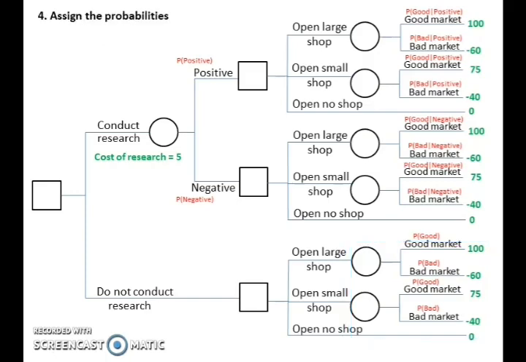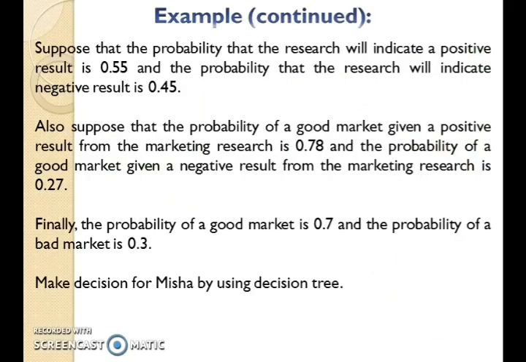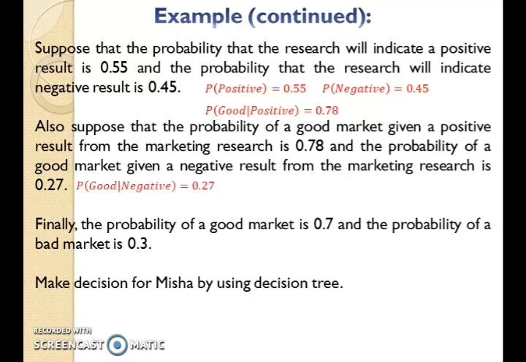To assign the probabilities, first take out the probability information from the question. It says that the probability that the research will indicate a positive result is 0.55 and the probability that the research will indicate a negative result is 0.45. Also, it says that the probability of a good market given a positive result from the marketing research is 0.78 and the probability of a good market given a negative result is 0.27.